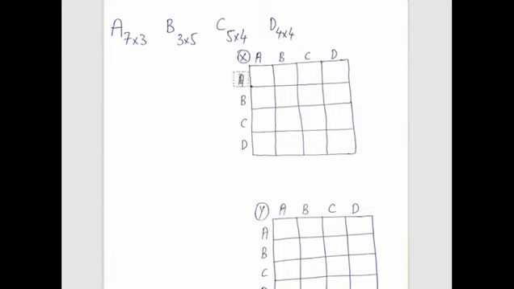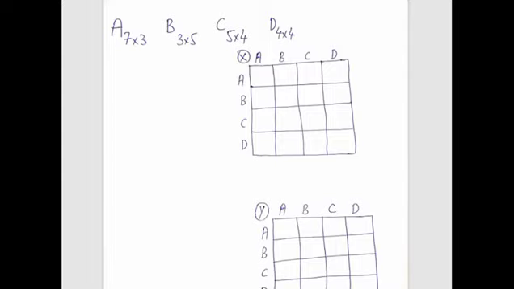And in the Y table we will mention whether the answer in the matrix X came from matrix A, B, C or D. We will mention it over here, right? That is why we have drawn two tables over here.